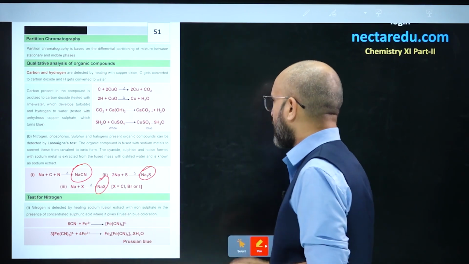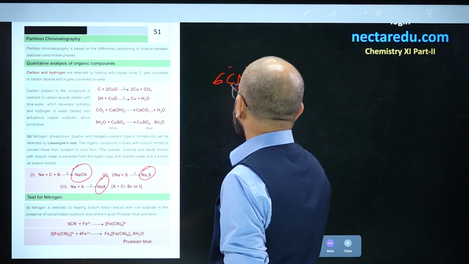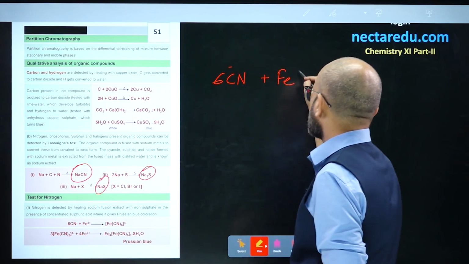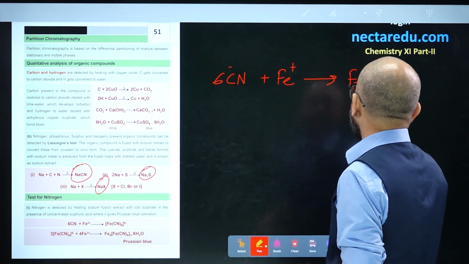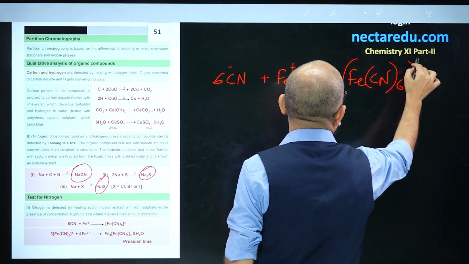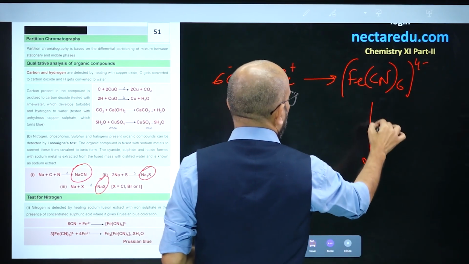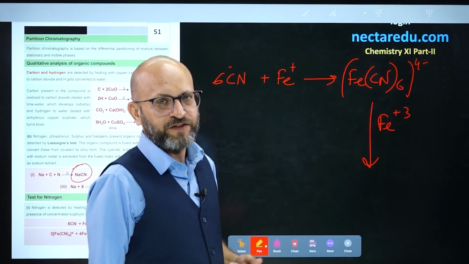We have a reaction where cyanide reacts with an Fe2+ salt, and it gives us [Fe(CN)6]4-. Now we make it react with an Fe3+ salt, such as FeCl3.